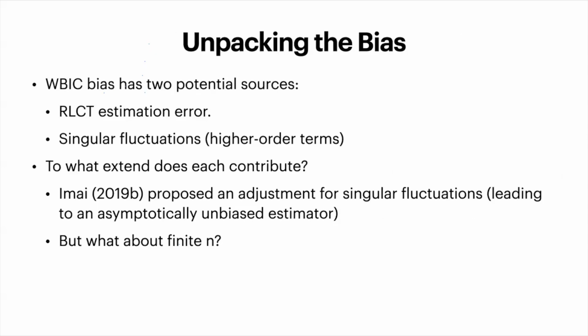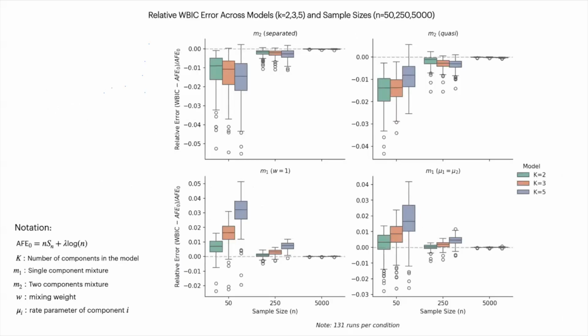Now, some work has already shown that WBIC can be adjusted to be asymptotically unbiased, but that still raises the question of what really happens at finite n. The first thing we tried was running an experiment to see how we can compare WBIC against some ground truth.